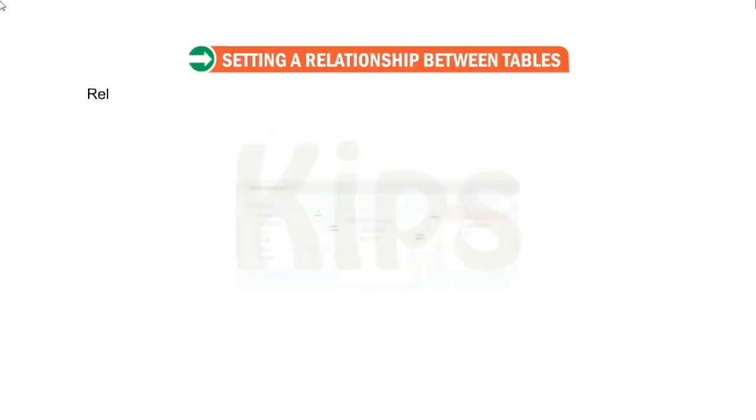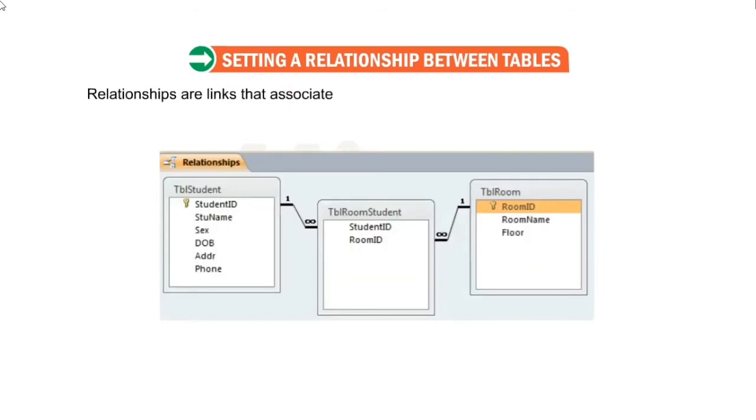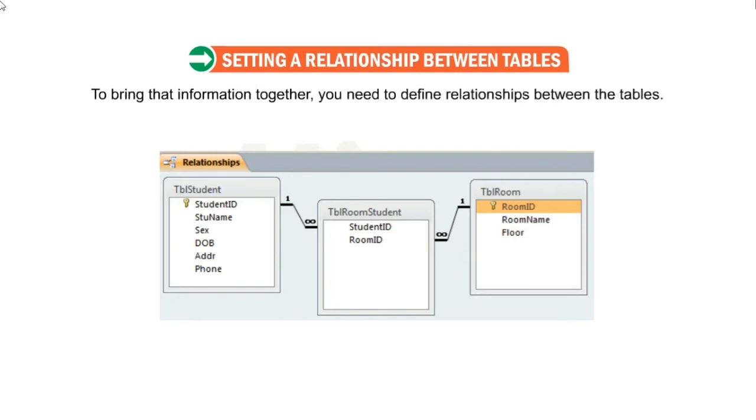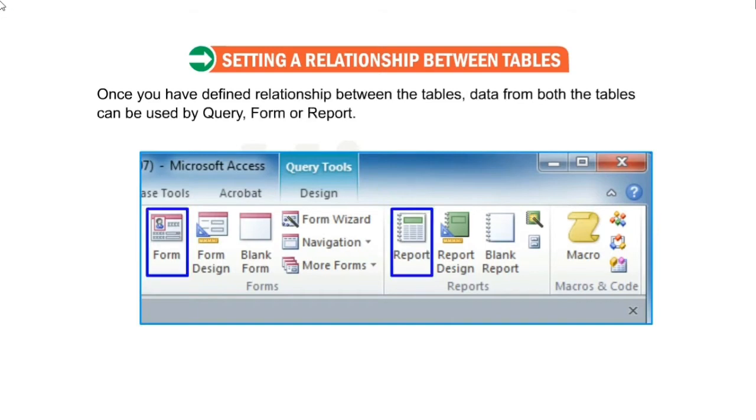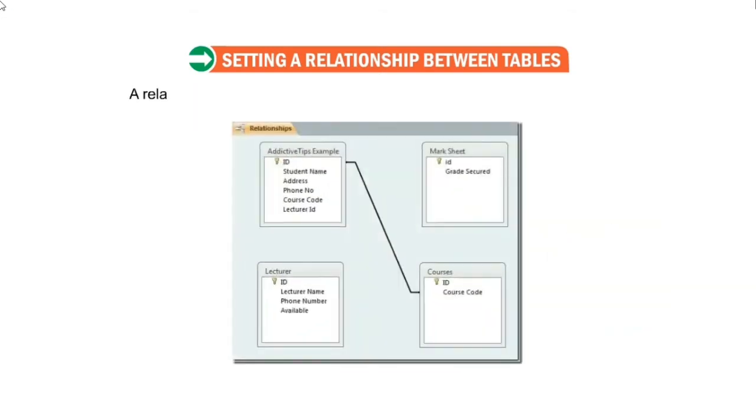Setting a relationship with tables. Relationships are links that associate a field in one table with the same field in another table. In Access, you store data in multiple tables. To bring that information together, you need to define relationships between the tables. Once you have defined a relationship between the tables, data from both the tables can be used by a query, form, or report.